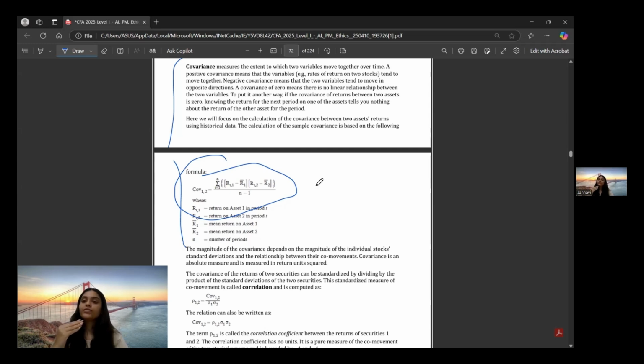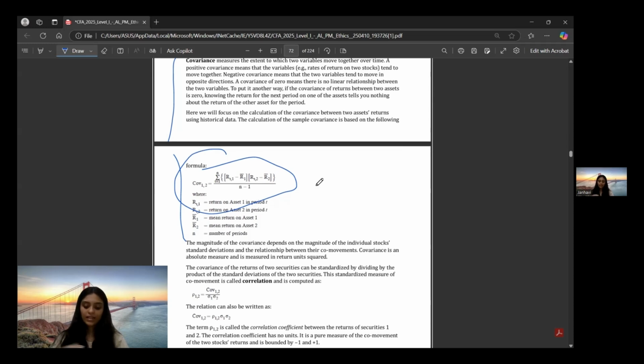For example, if stock A moves up by 1%, stock B will also move up by 1%, if the covariance between stock A and stock B is positive. If it is negative, it will go in the opposite direction. If it is 0, there is no relation between them.